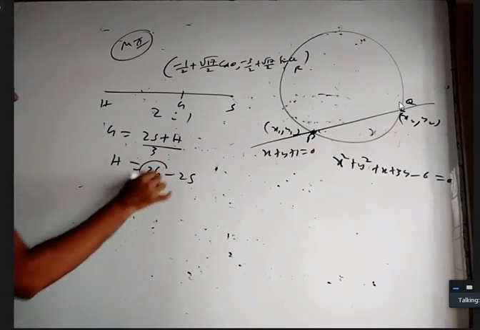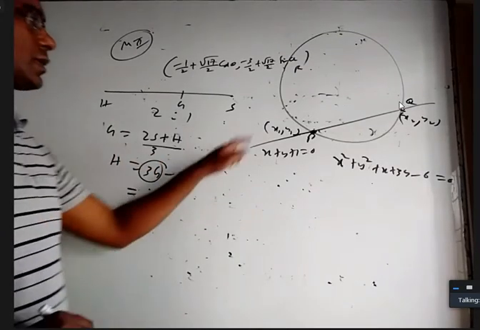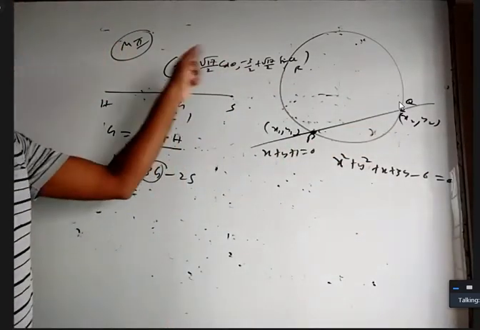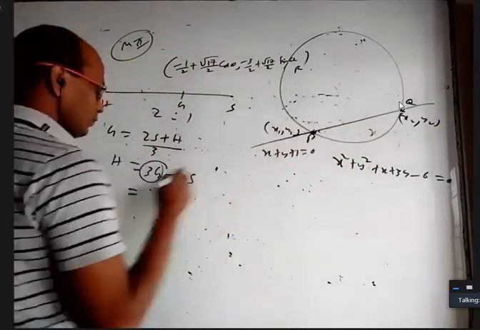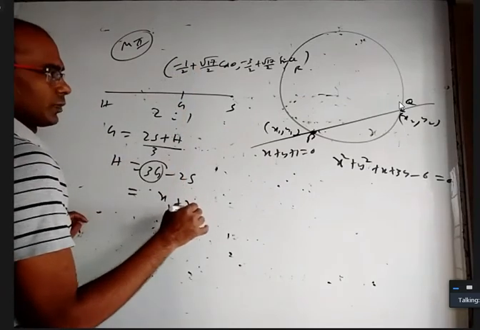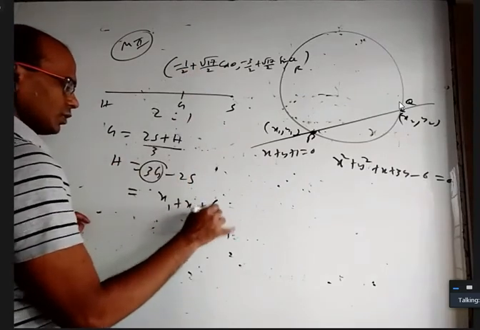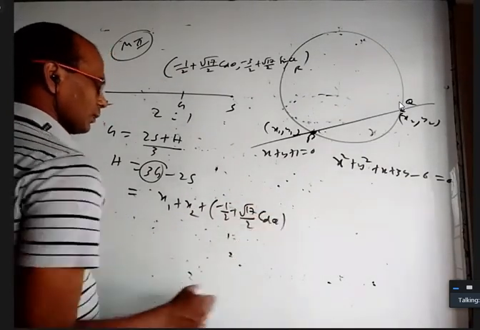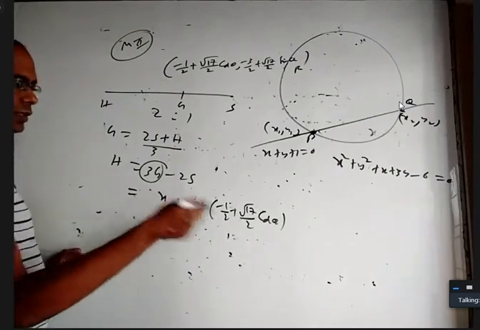Okay. What is 3 times the centroid? Centroid is (x1 plus x2 plus x3) by 3. 3 times means x1 plus x2 plus x3. So I have to take x1 plus x2 plus this, which is minus 1 by 2 plus root 17 by 2 cos theta, its coordinate.